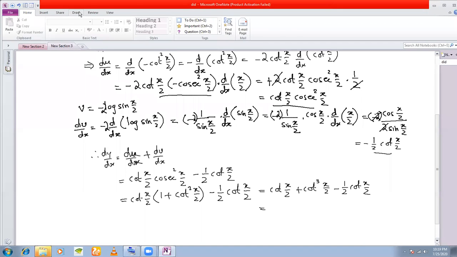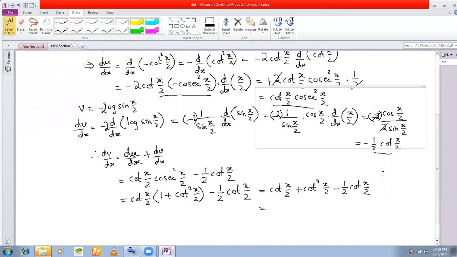So you simply get, what, Govinda? What do you get? Half won't be here. Understood? Yes, sir. You only get x by 2. So let me just erase here also. This half will also not be here.